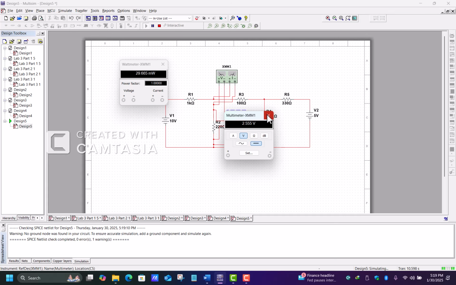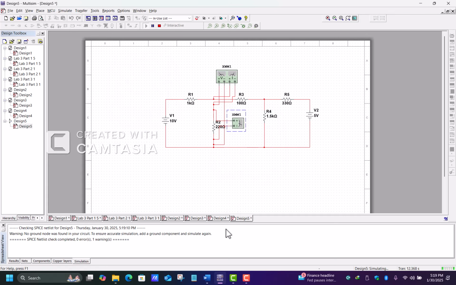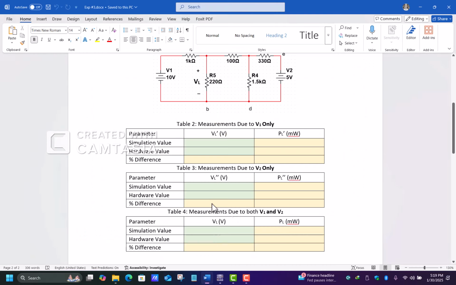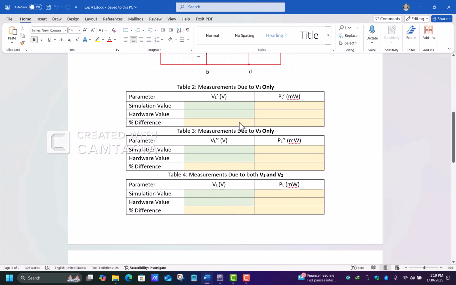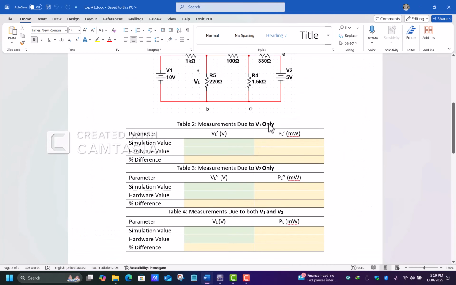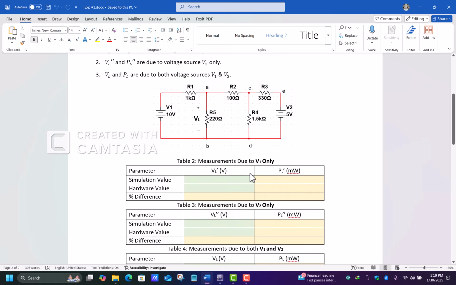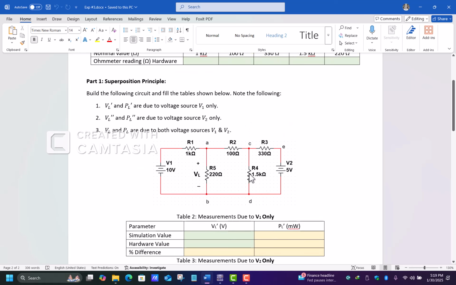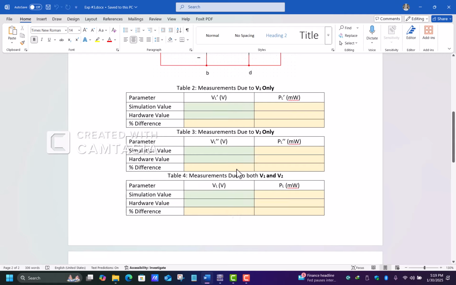In this way, we measure all these load voltages and load power of the circuit, considering three different scenarios of the superposition principle theory. So this goes for part one of the superposition principle.